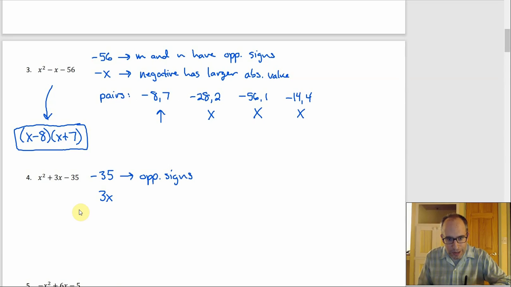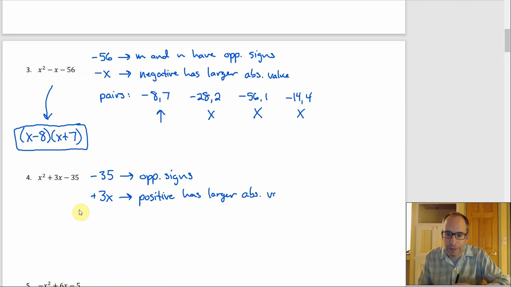So that would mean, since that's positive, it's a plus 3x, that the positive has the larger absolute value. Okay, fine. Then think about pairs of factors of negative 35. There aren't a ton, because 35 actually doesn't have a lot of factors. It's 1 and 35, and then 5 and 7, and that's really it.